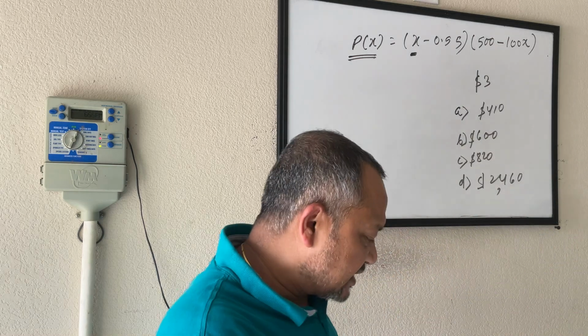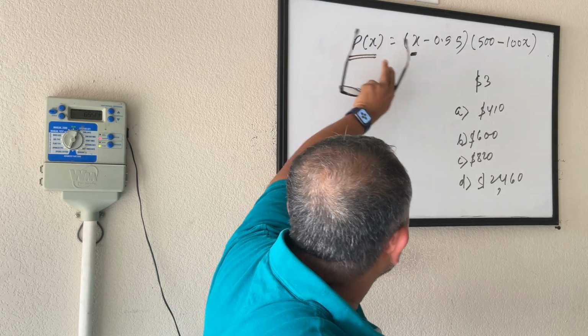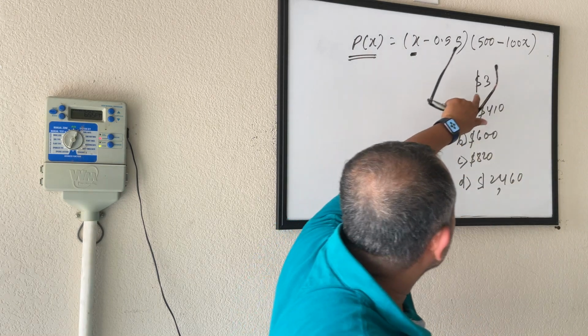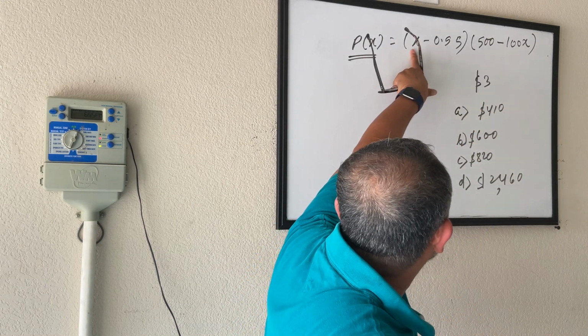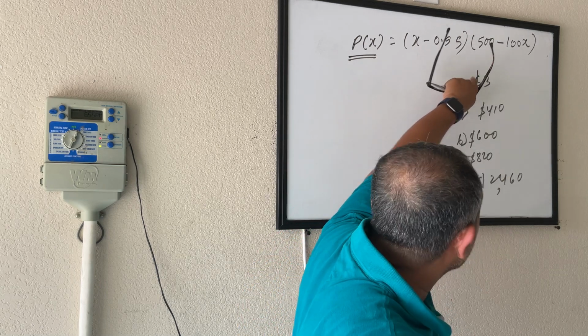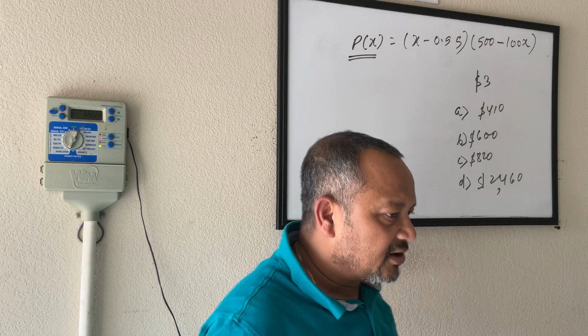So this model says that this is the daily profit, which is a function of X, and this is the relationship. X is the price of each taco. If the price of the taco is $3 each, what is the daily profit we are talking about?